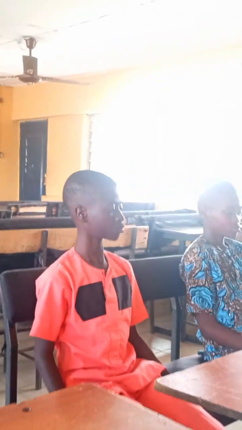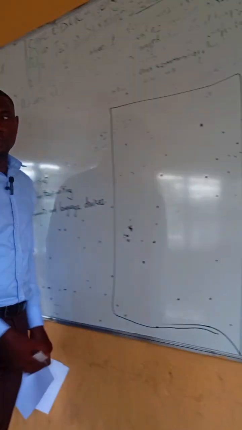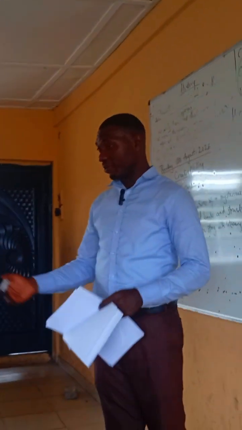Now, on this paper I'm about to give you, this is a different one. Look at the board. There are 5 sections of the story. Remember what the story we are writing is about, right?